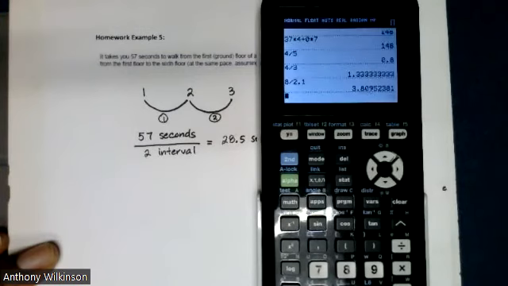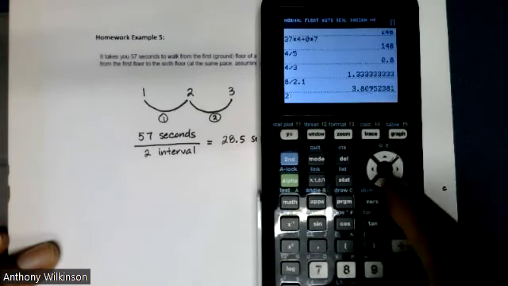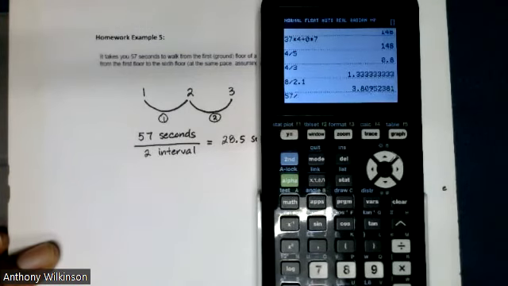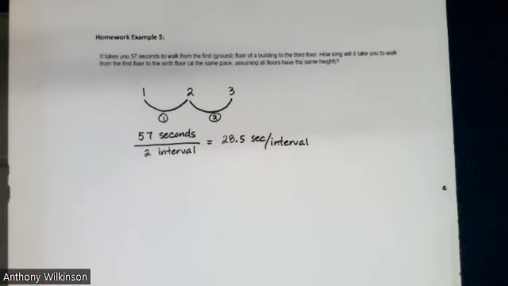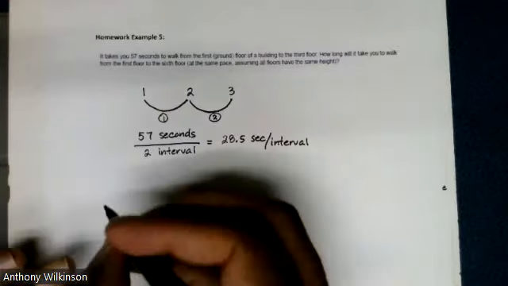Okay, I can verify that on the calculator. 57 divided by 2, 28.5 seconds per interval. Now I'm going to use that to find out how long it will take us to walk from the first floor to the sixth floor at the same pace.